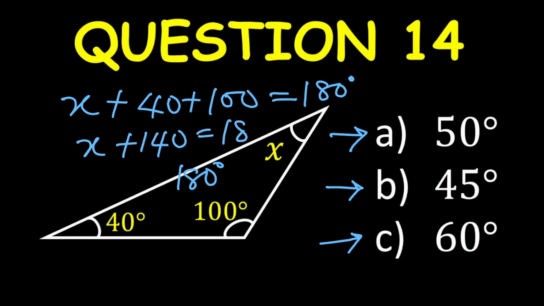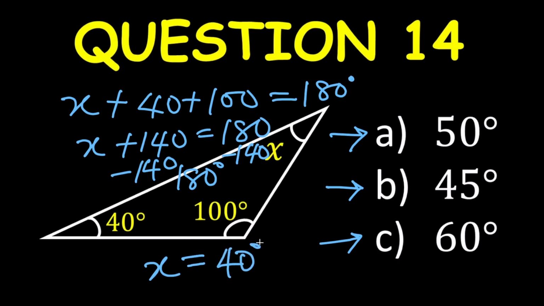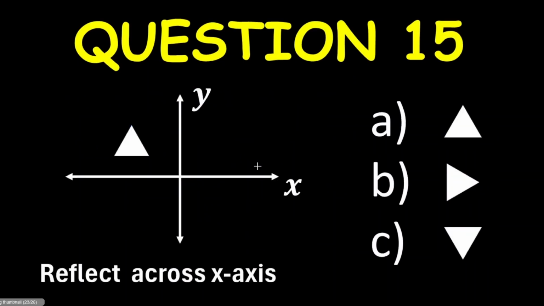So to find the value of x, we subtract 140 from 180, which equals 40 degrees. So the correct answer to this question is 40 degrees. If you had that correctly, a very big thumbs up to you. Kudos.